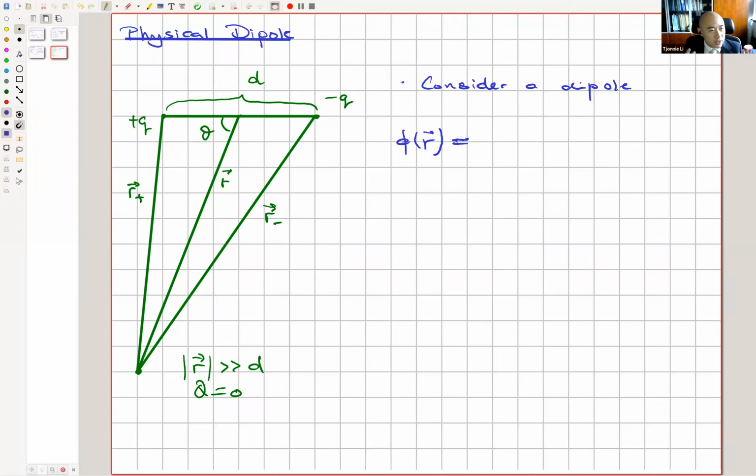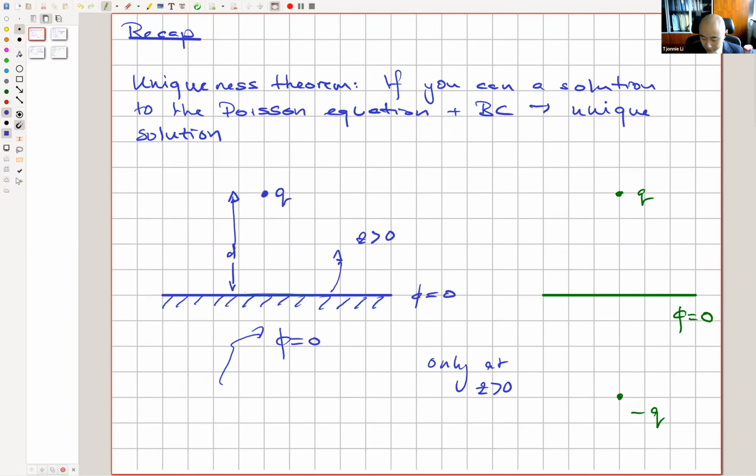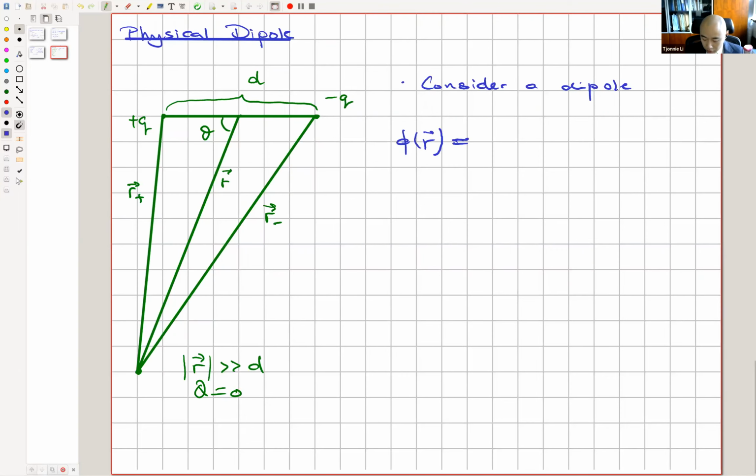Okay. Now this situation is exactly the same as we had before when we looked at, for example, the recap. Okay. So when I have a charge and a conducting plane, I can just put an image charge here, and indeed I get Q and minus Q. And so I end up just with the potentials due to superposition of the two individual point charges.